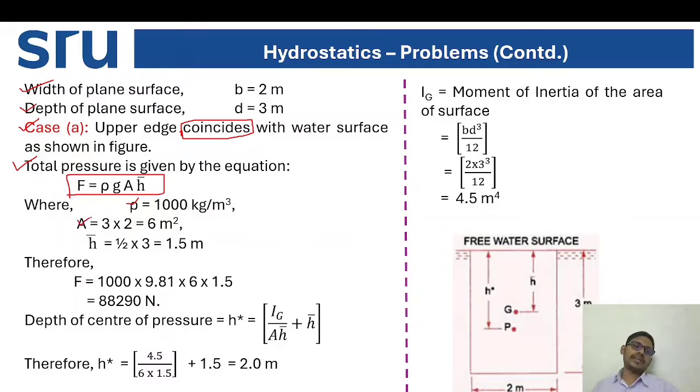A is the area, that is b into d, 3 into 2, that is 6 square meters, and h bar is half into depth, because it is a rectangle, that is 1.5 meters.